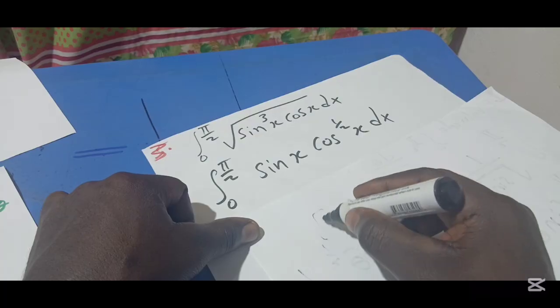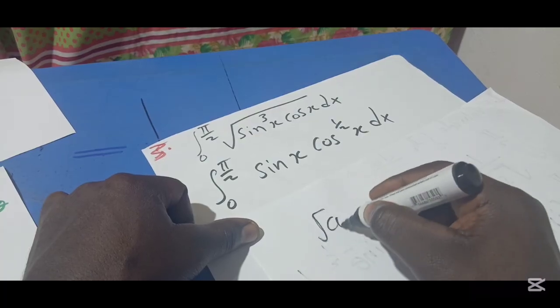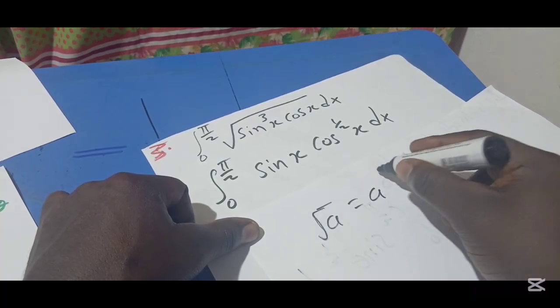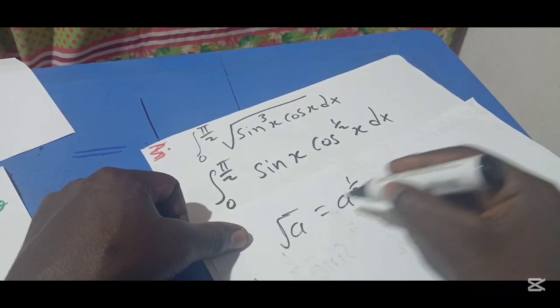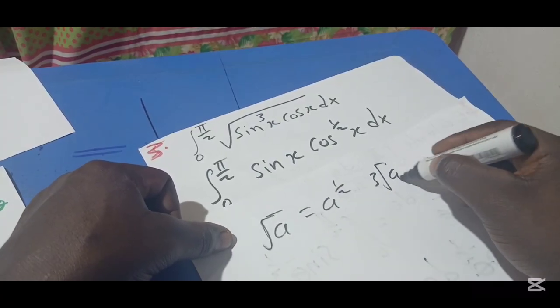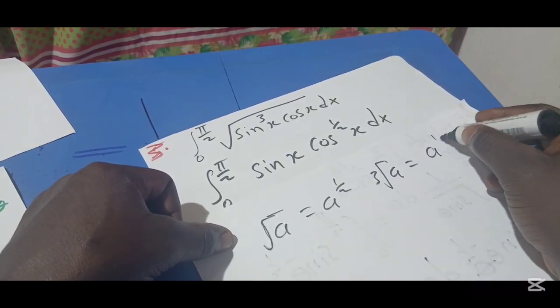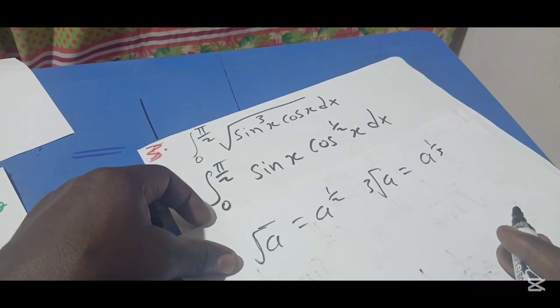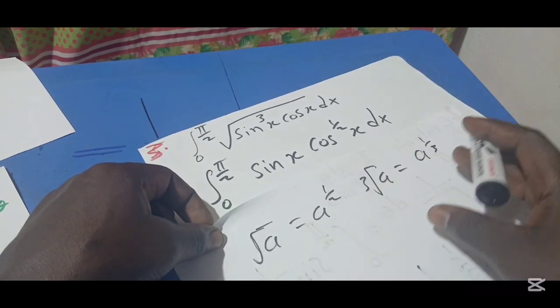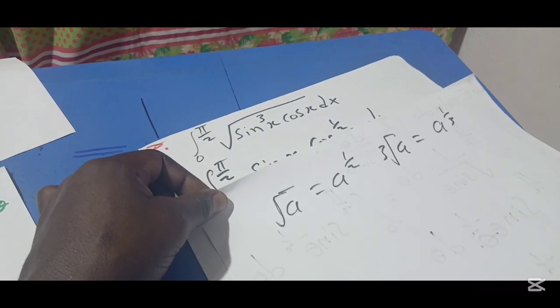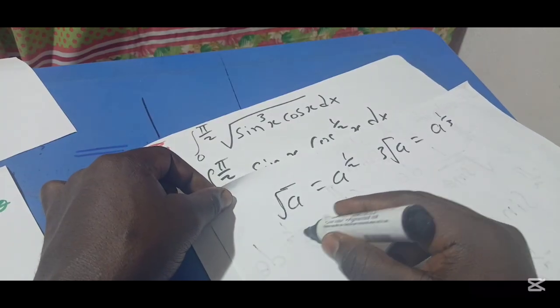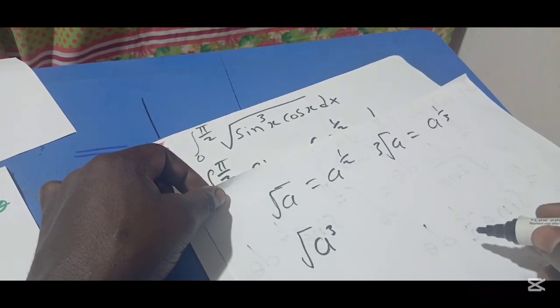Let's say the square root of a is the same as a to the power half, right? The cube root of a is the same as a to the power 1 on 3, right? It means that this one right here is going to be our denominator. So what if we have the square root of a to the power 3?